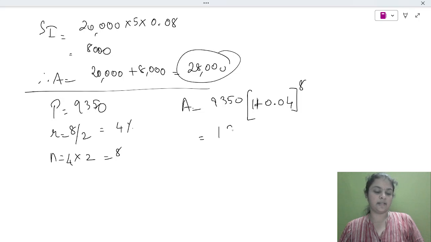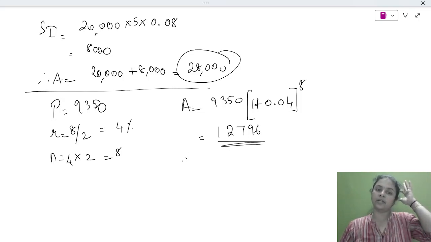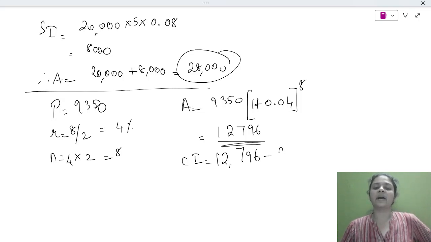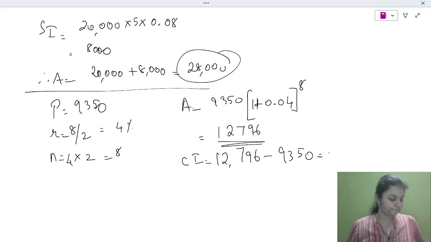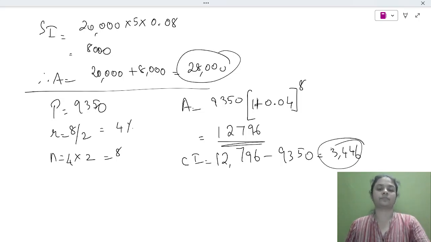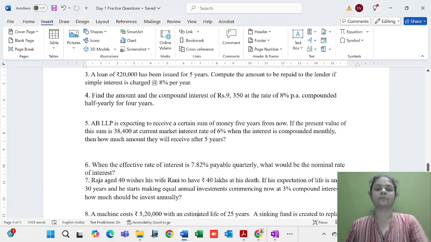You will get 12,796. Okay, this is the amount. Therefore, compound interest will be 12,796 minus 9,350, which is 3446. Got it?